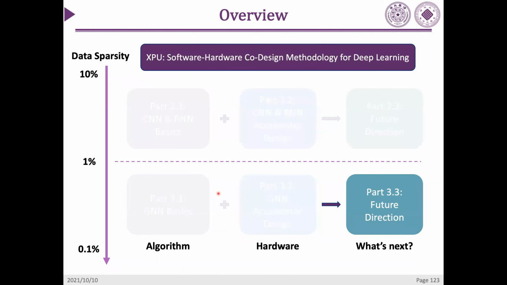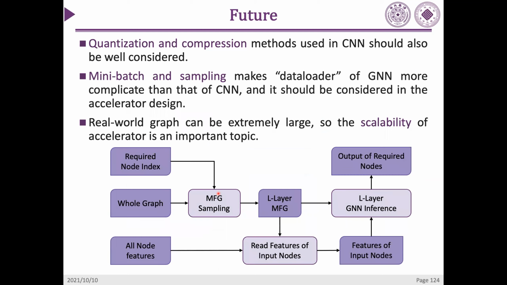So I will talk a little bit about the future direction because we are also working on this part. I think there are three things we need to consider in the future. The first one is quantization and compression, which are very popular in convolutional neural networks and should also be well considered in graph neural networks.